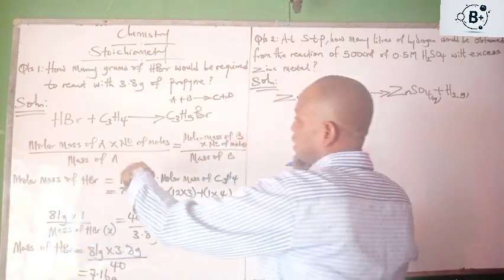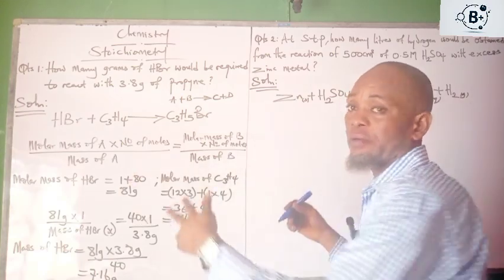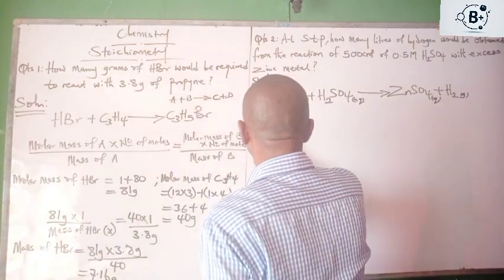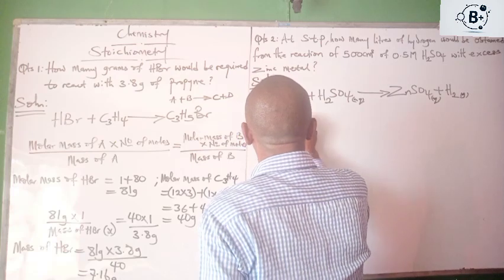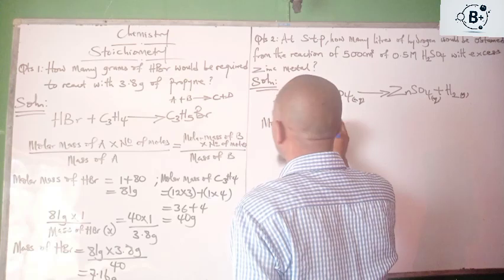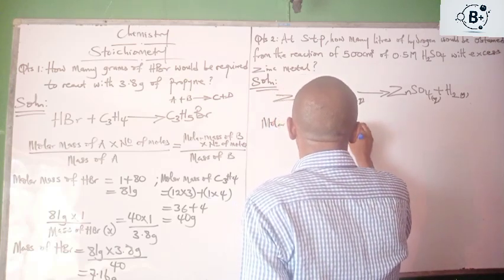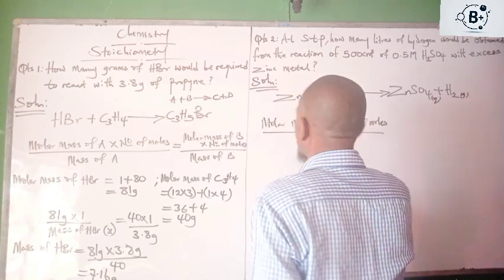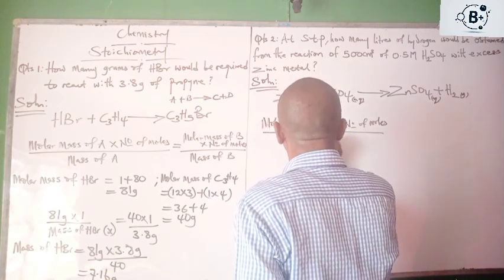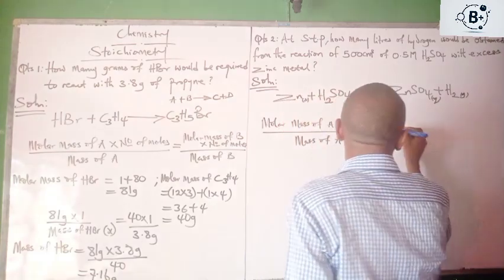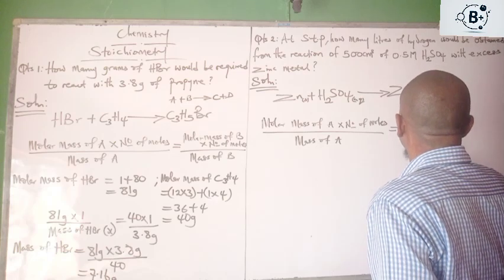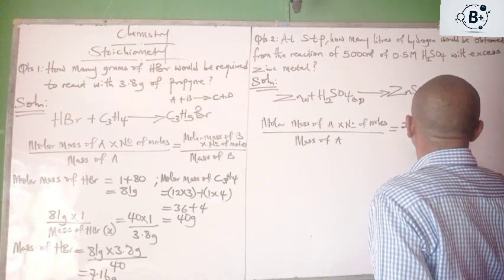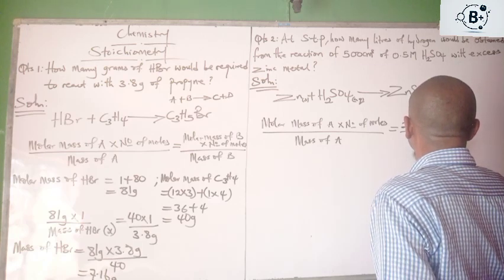get the formula. The formula is a bit different from the first one, which was molar mass of A times number of moles. So what we have here is molar mass of A times number of moles over the mass of A is equal to 22.4 dm cubed of gas over volume of gas.